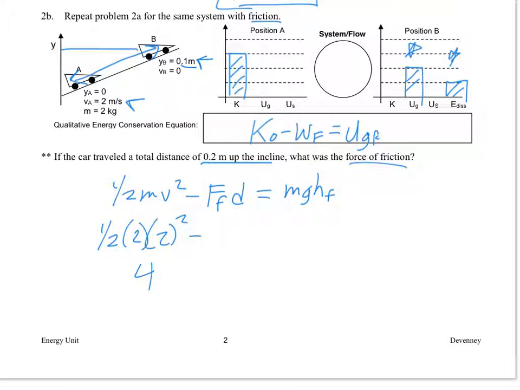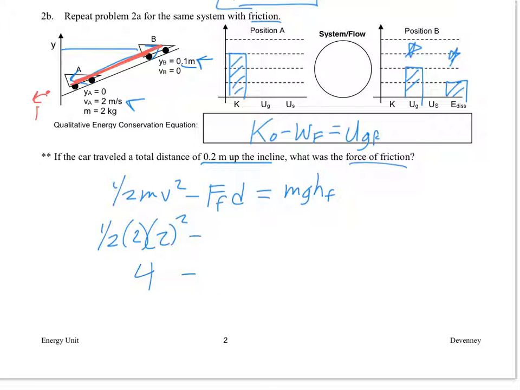But now some of that energy is going to be taken out. Well, if we're looking for the force of friction, remember that the force that does work needs to be parallel to the distance. Well, the distance on our slope is here, so our force needs to be parallel to it, and that is what would happen as the cart's going up the hill.